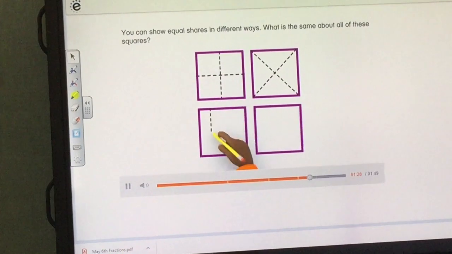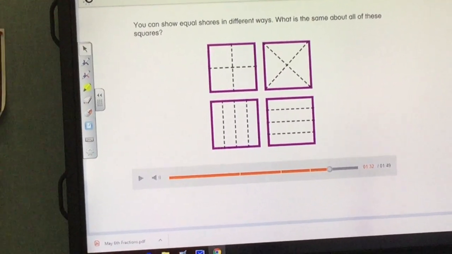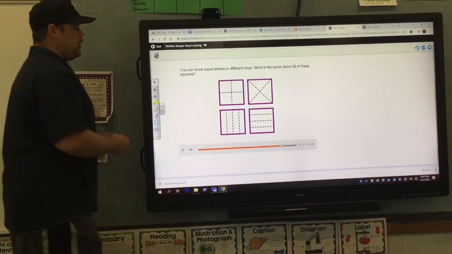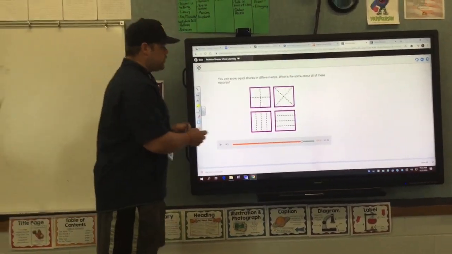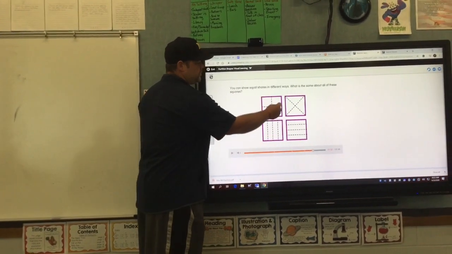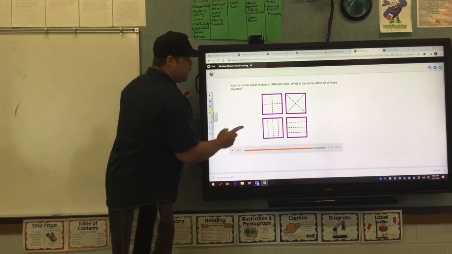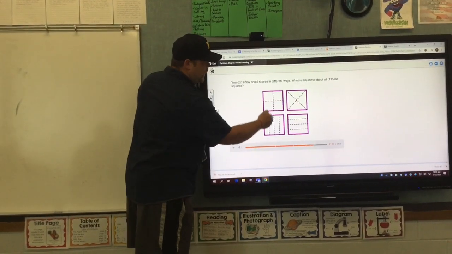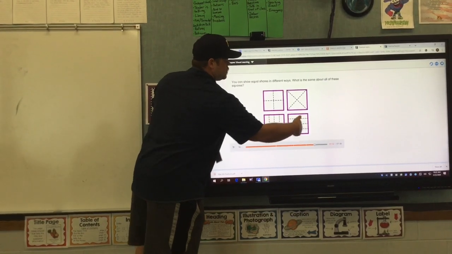What is the same about all of these squares? All of these squares are the exact same size, okay? And all of the squares are divided into equal shares. I showed you how to do it with a cross here and a cross there, or a diagonal X. The one I forgot to show you was dividing them into rows or columns like this.